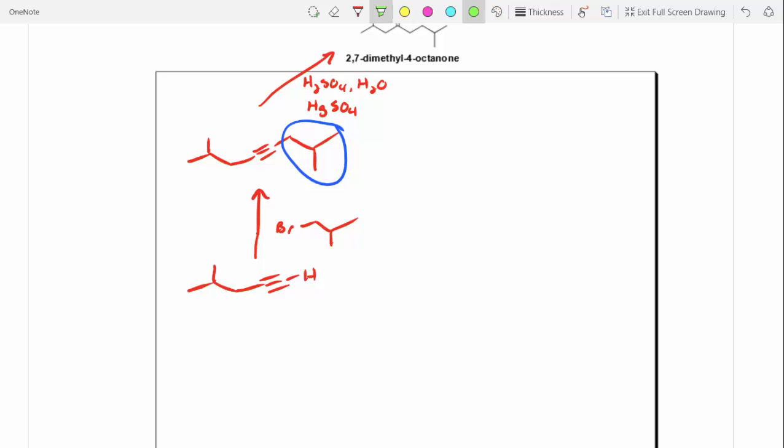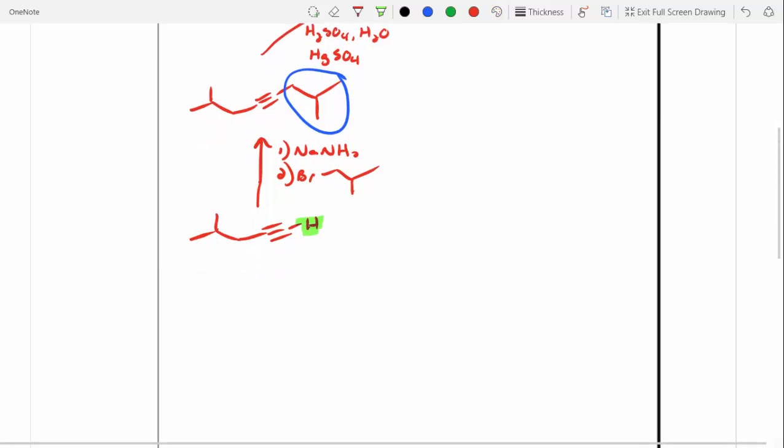First thing we have to do when we're doing this is to deprotonate our terminal alkyne and then react it with our electrophile. So step 1, we could have NaNH2 or any suitably strong base. Let me slide this over. And then second step, we'll treat it with this electrophile. Let's go back to that electrophile in a second here.